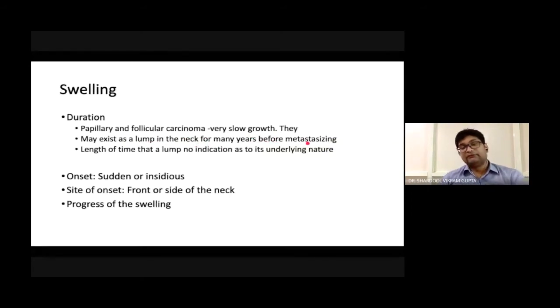If someone tells you that they have had a lump in the neck for 20 years, do not assume it's a benign lump. A thyroid malignancy may exist for a longer time before metastasizing. While in other areas, like a swelling in the arm, if there is a history of longer duration like 10-20 years, then you may assume it's a benign swelling. But in thyroid, you may not assume the same.